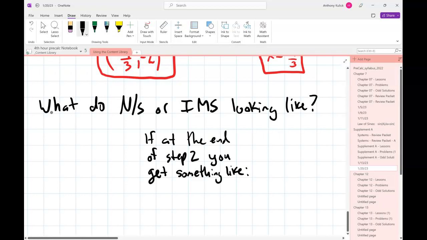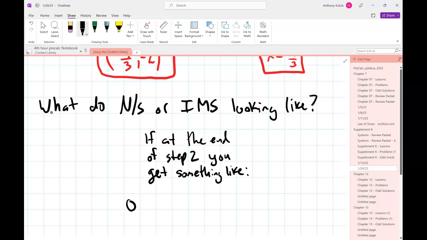So if at the end of step 2, you get something like the following. Step 2, remember, is after you've plugged equation C back in and you're down to one variable, or you've added your equations together if you've done your elimination.